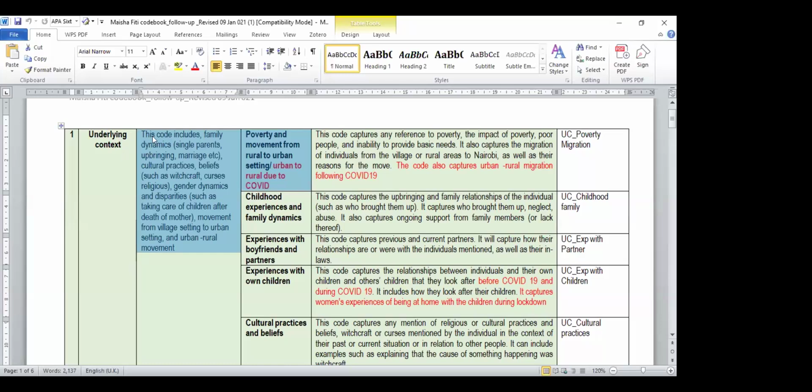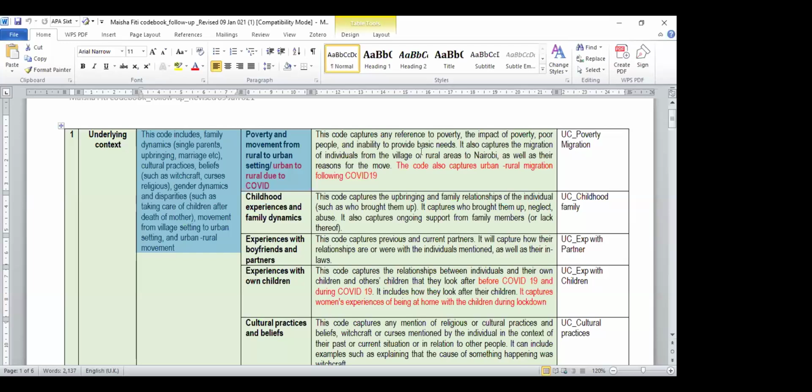Then you are giving a description of a code. So this is the major theme, and based on that, you have sub-themes. Under the underlying context, you have a theme looking at poverty and perhaps the reasons why they moved to the urban area.